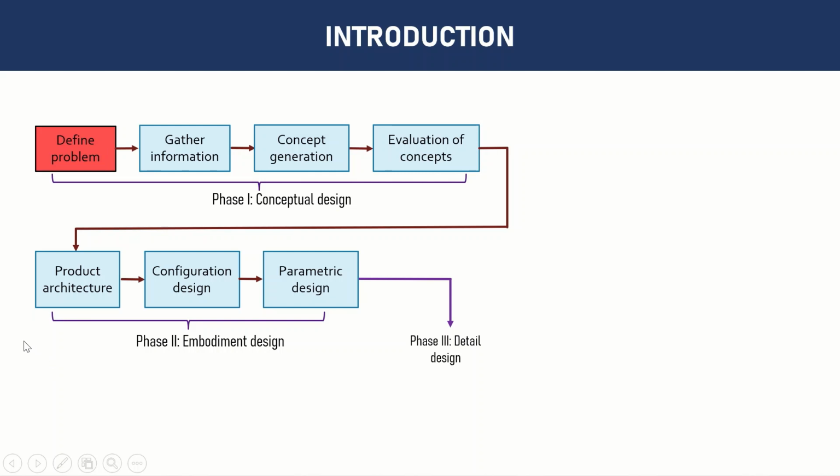Embodiment design involves how you configure and arrange the components in the product, the architecture of the product, and then the engineering analysis under the parametric design.